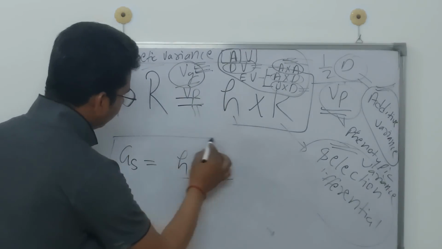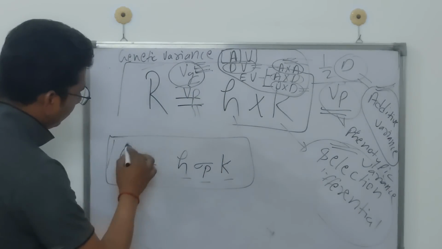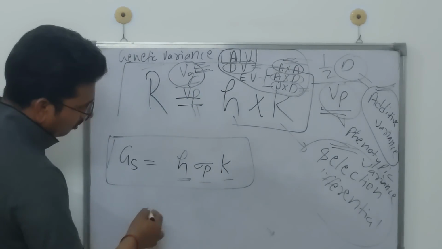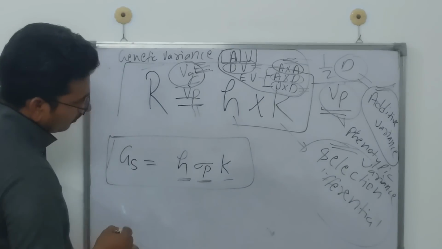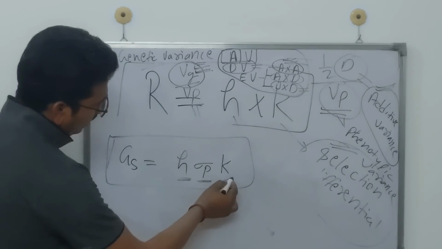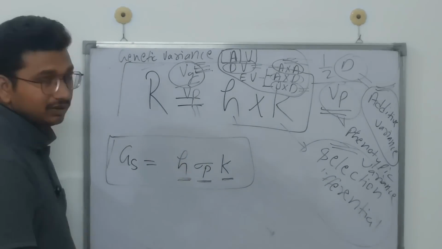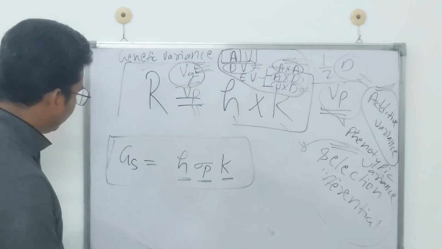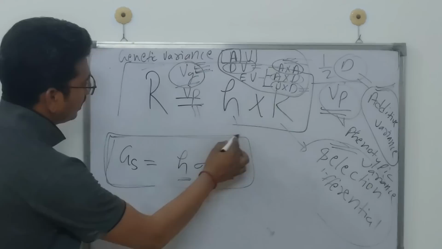So genetic advance equals heritability in broad sense times phenotypic standard deviation times selection differential. This is sometimes also known as Breeder's equation.